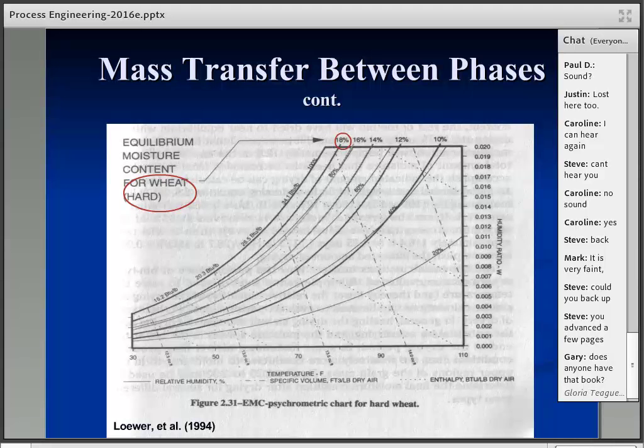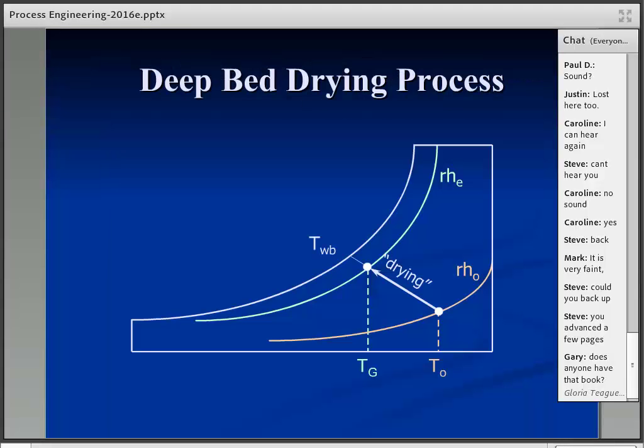Okay, so let's go on to look at actually using this. Remember the drying process we talked about, it follows the line of constant wet bulb, and the air is coming into the dryer at some initial temperature. That's this T naught down here. It's coming at some initial relative humidity here, and so that defines the point where the air starts right down here, the temperature and relative humidity.